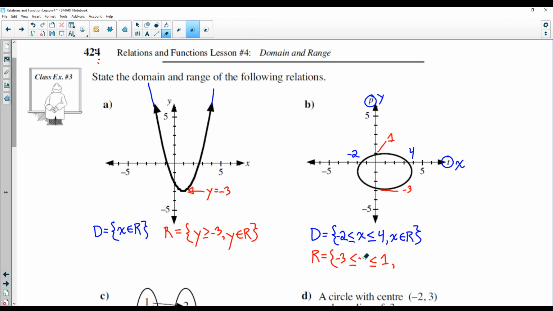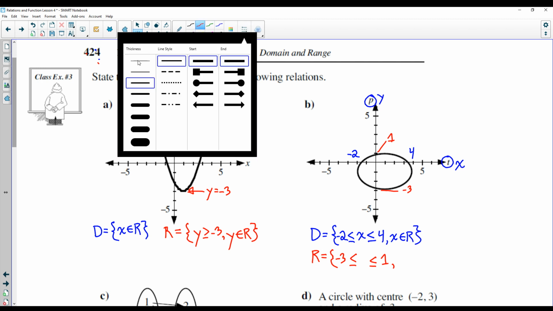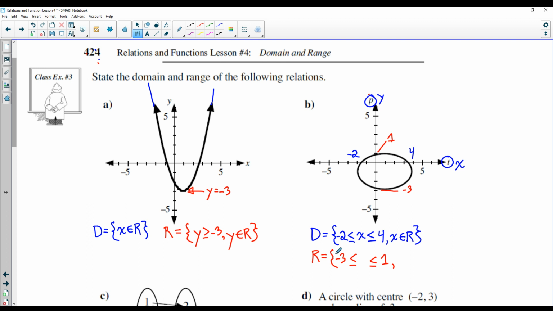Not y, we want to use p. So we'll say p must be greater than or equal to -3 and less than or equal to +1. And in that range, p can be any real number, as long as it's between -3 and +1.